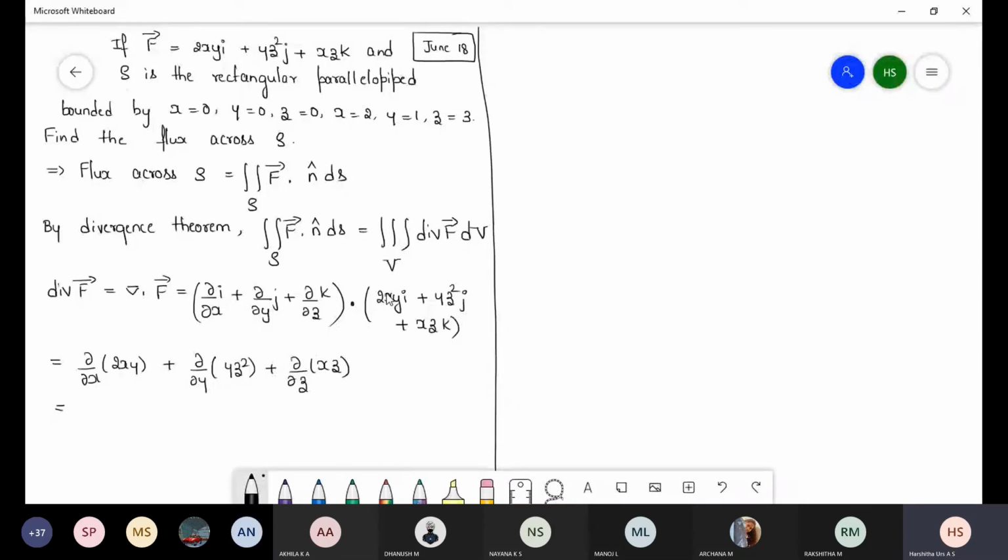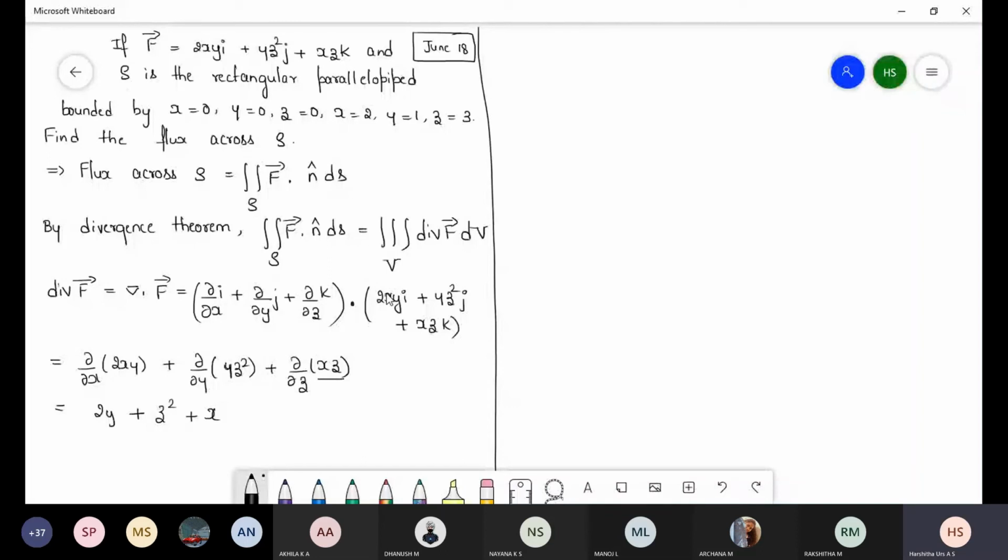Next, plus, what is the next differentiation partially? See properly, yz square is there, so we differentiate with respect to y, which gives z square. Yes, z square. Next, the last term: x. Yes, very good. X.